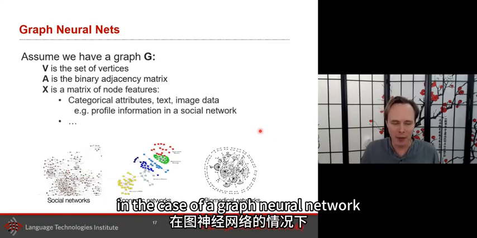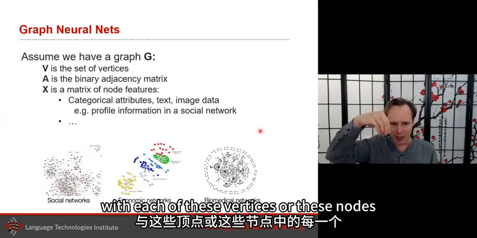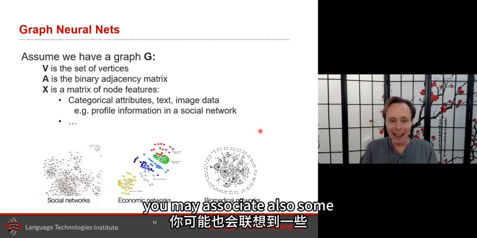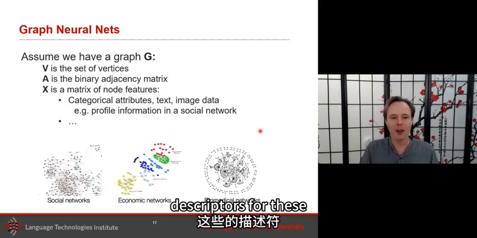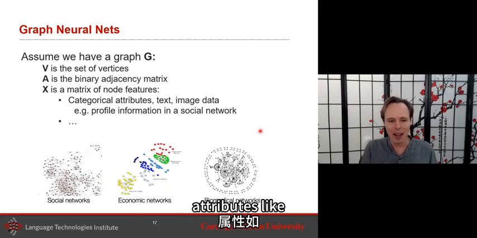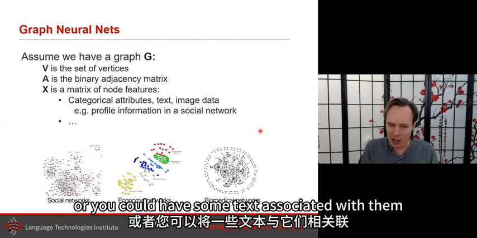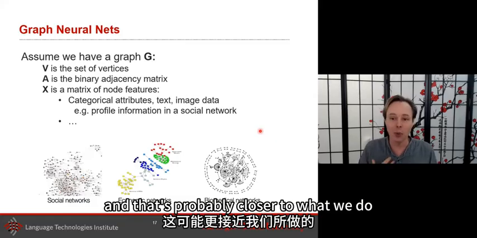In the case of a graph neural network, often you will associate with each of these vertices or nodes some descriptors. They could be categorical attributes like age or gender, or you could have some text or images associated with them. There is a lot of very interesting information, and that's probably closer to what we do.